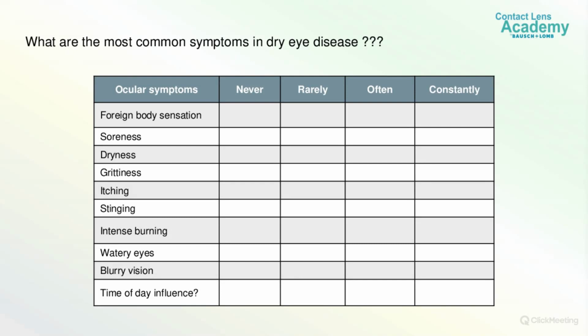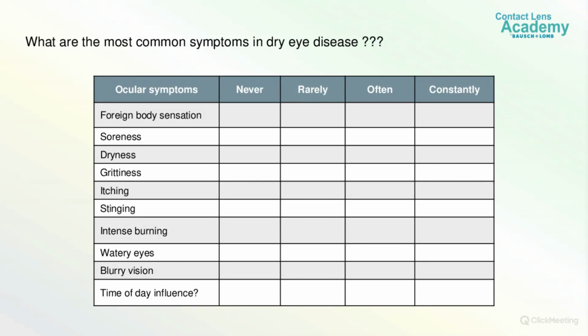Let's talk about how to diagnose dry eye disease from the optometrist's side. The first thing, I think, is to ask about the symptoms, and there are two ways to go about this. It could be questions in the chair.